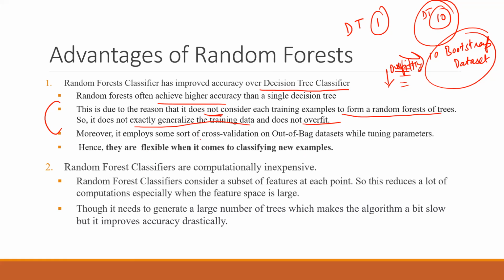Moreover, it employs some sort of cross validation on the out of bag datasets while tuning the parameters. Cross validation, we have seen earlier also. Let's say I divide my data set into 5 samples, and I am using the first sample as a test data set and the 4 others as training data set, and these can obviously be updated next time.